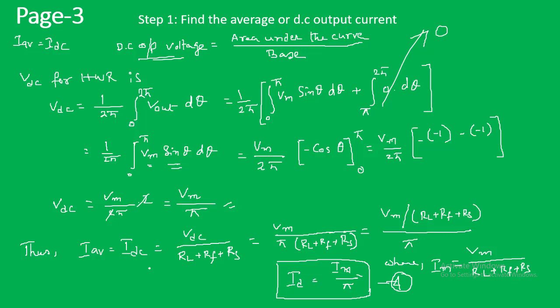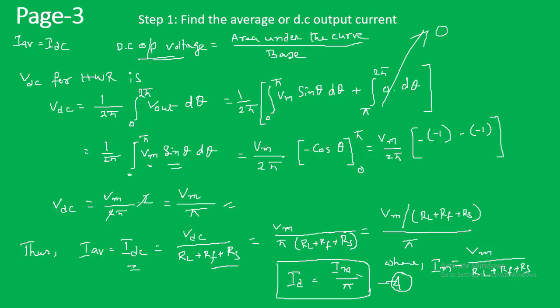So from here we can find the average current or DC current as VDC divided by RL plus RF plus RS. So that means all the resistance in the circuit is considered over here. Now this value VDC is what?